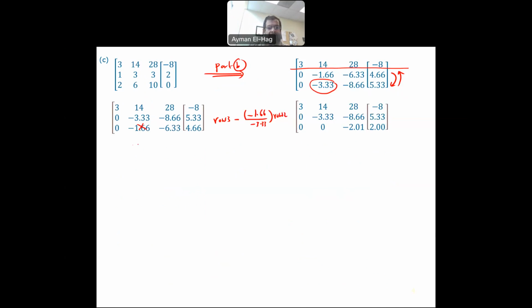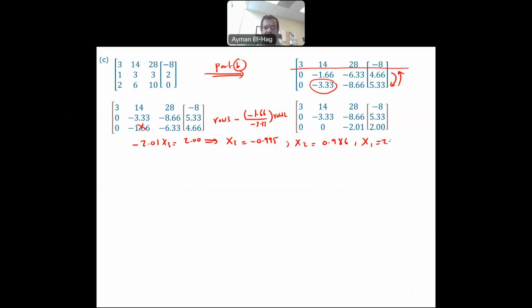So we'll have minus 2.01 x3 equal to 2.00. From this, you will find that your x3 is equal to minus 0.995, and you repeat the same thing, you will find your x2 is equal to 0.986, and x1 is equal to 2.01.